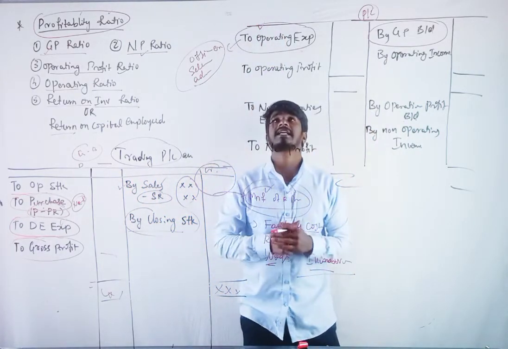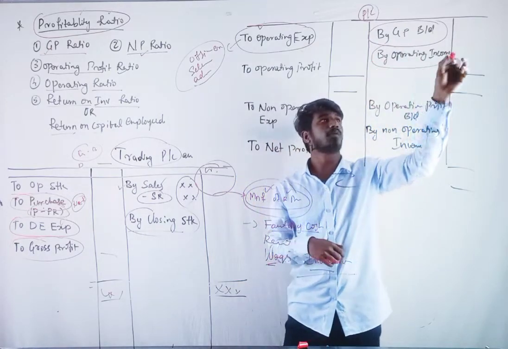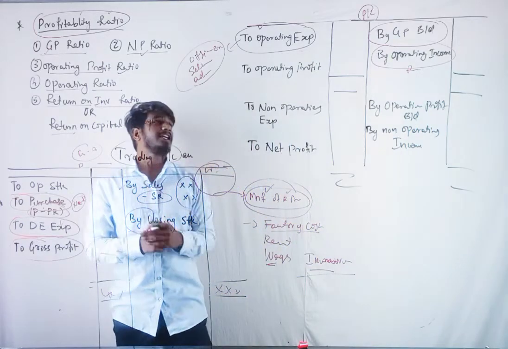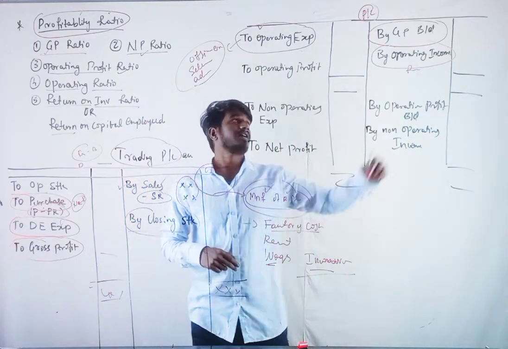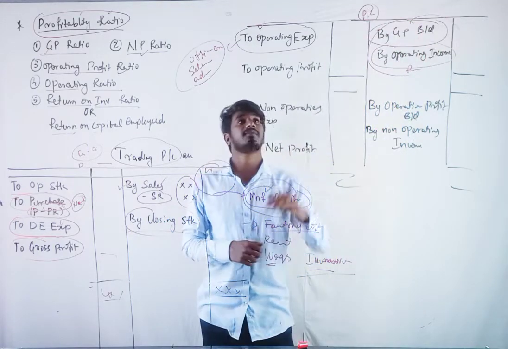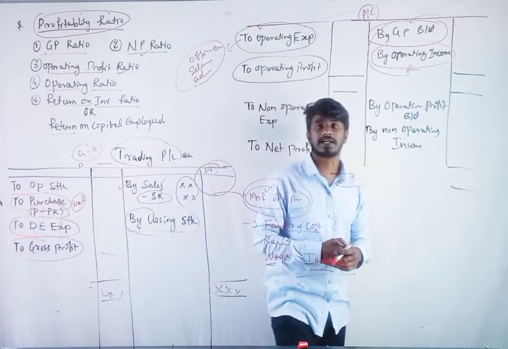We will call it operating expenses. Then if we have any operating income like discount received, something like that, we will credit that side, and if we minus the expenses on income, we will get operating income. This is called operating income.